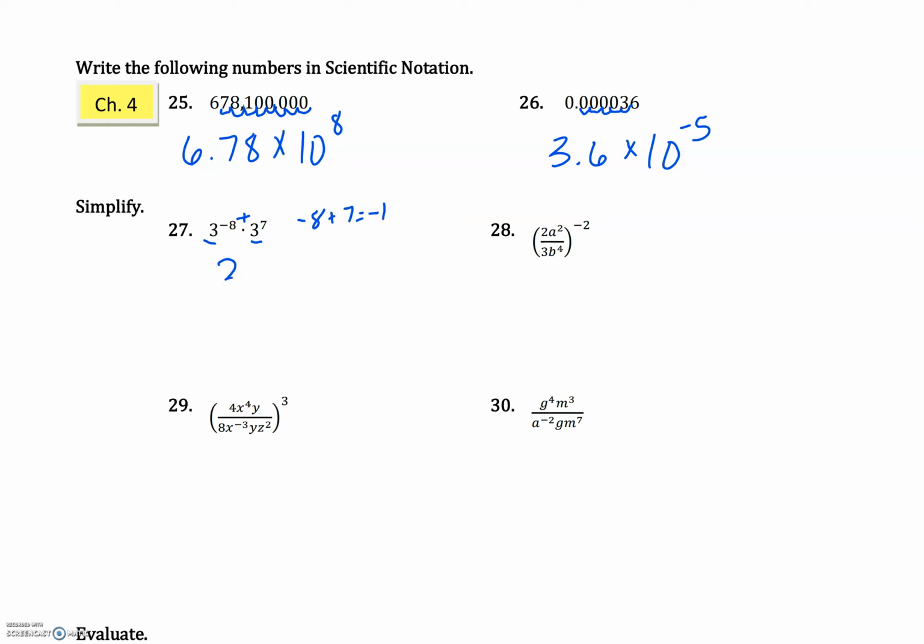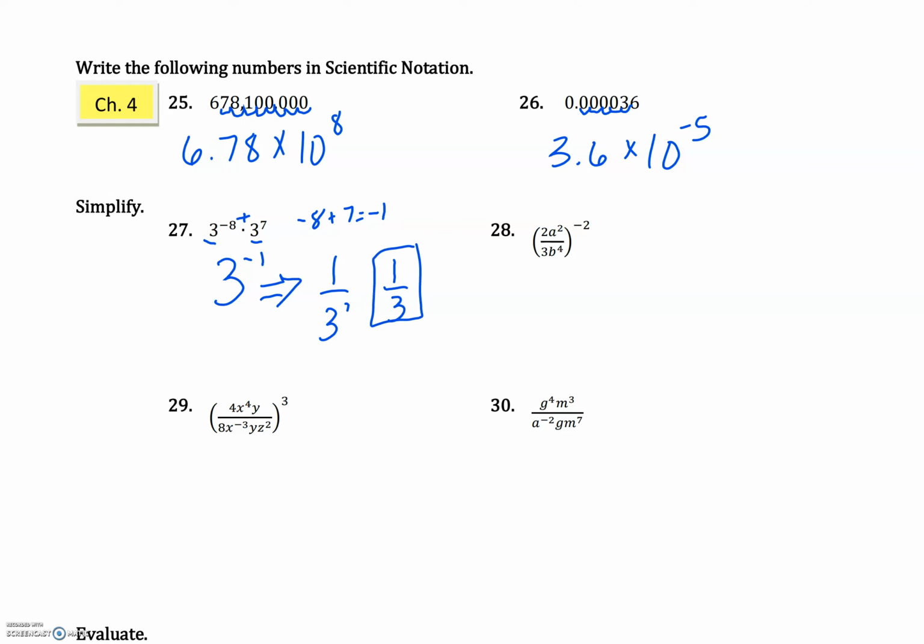So this becomes 3 to the negative 1. Now negative exponents make division instead of multiplication, so we're going to rewrite this as 1 over 3 to the positive 1. 3 to the positive 1 is just 3, so my final answer is 1/3 after simplifying what was there already.